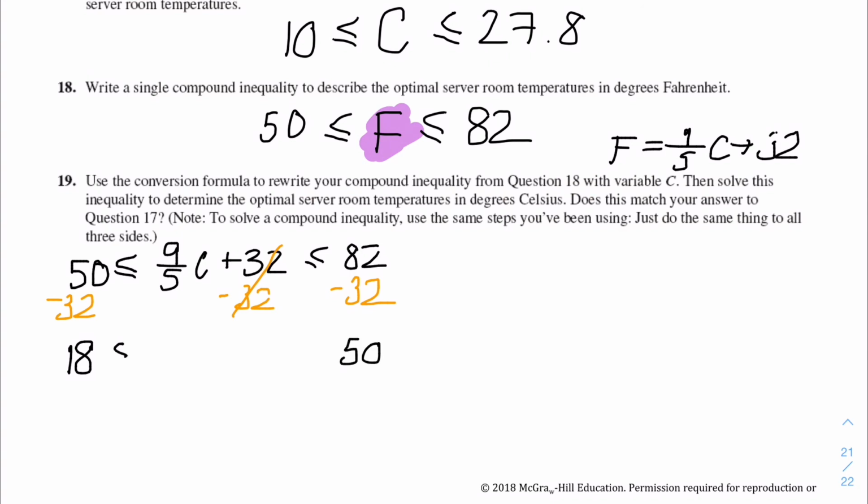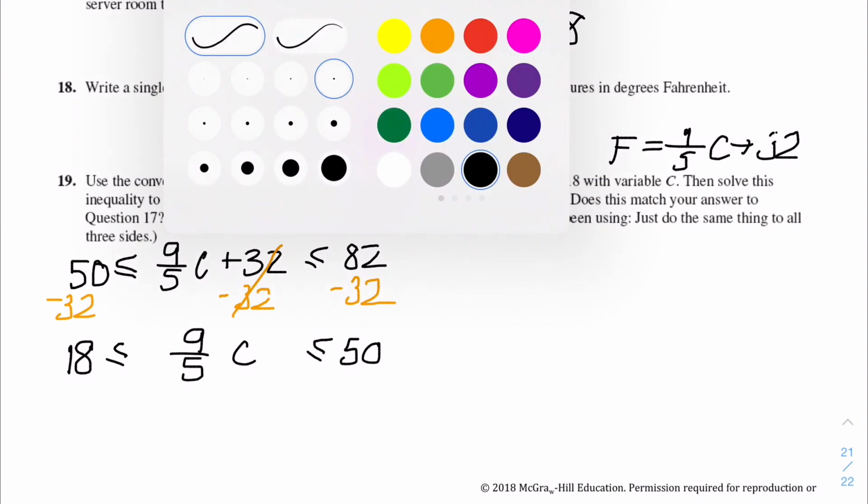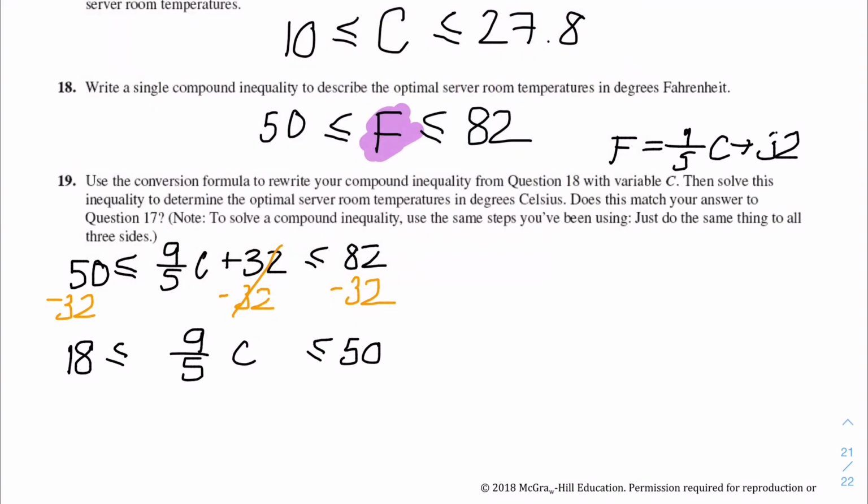And then all we're left with in the middle is 9/5 times C. Okay? And now you could do exactly the same thing. You can multiply by 5/9. You can divide by this 9/5. And that will make these two cancel, and you end up with the same results.